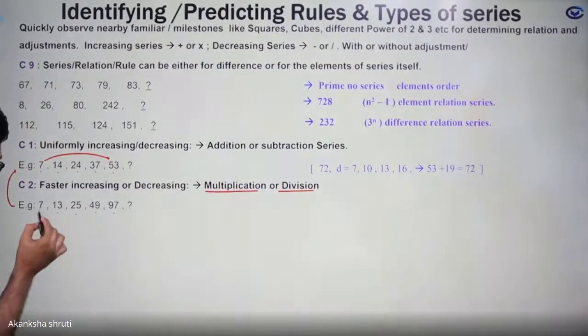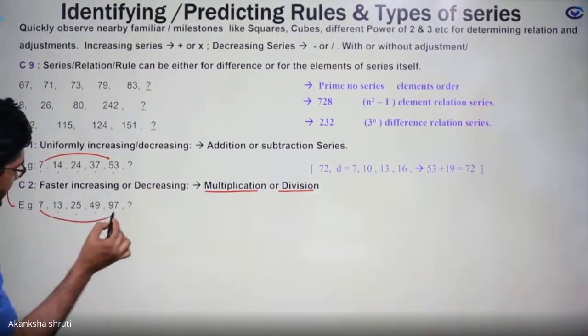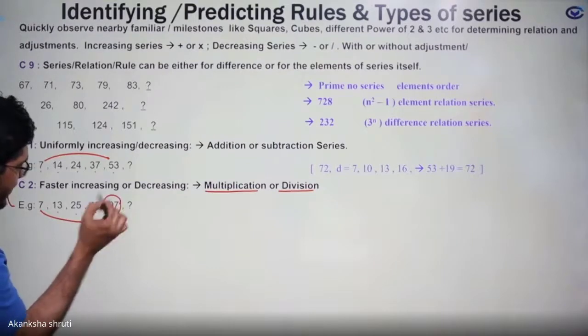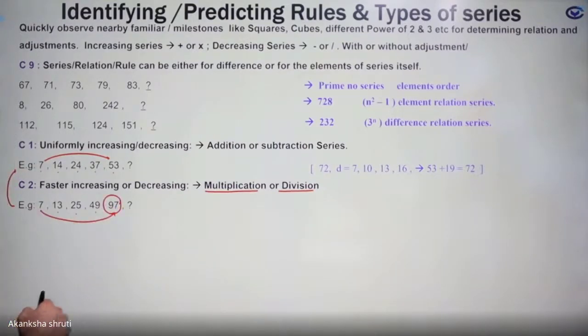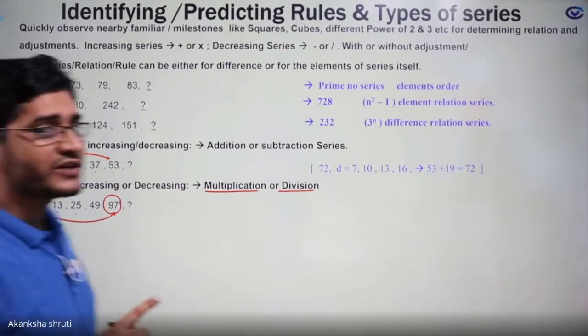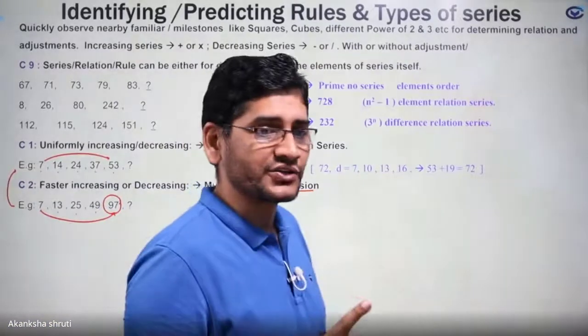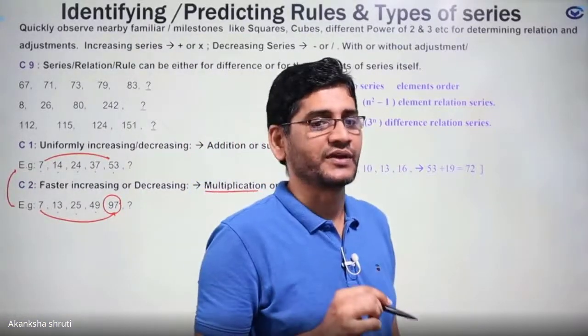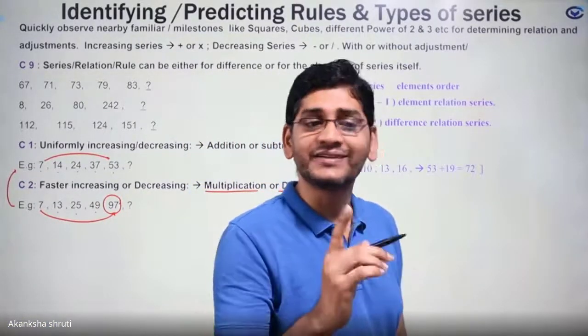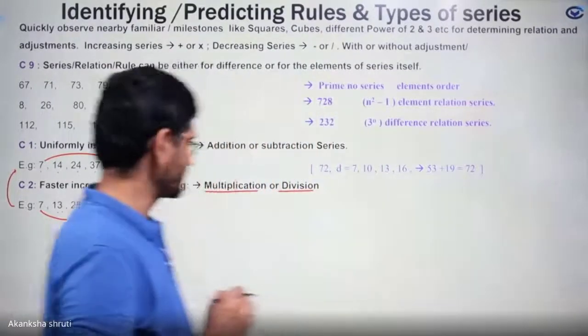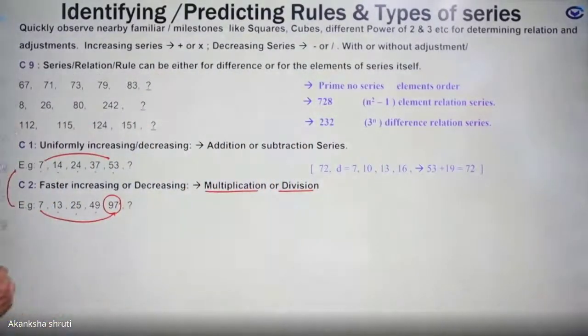But in this case, after 5 terms it has increased to a larger number, 97. So in such a case where the variation is faster, we go for checking multiplication with adjustment, or division if it is a decreasing series. So simple. Let us try, students.